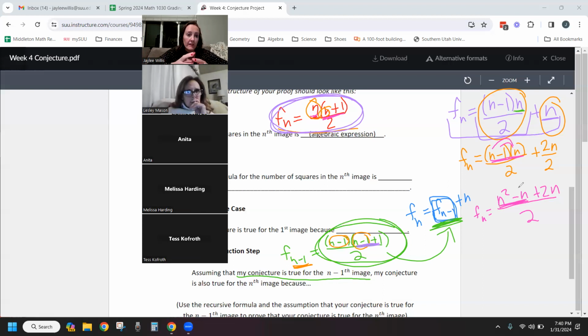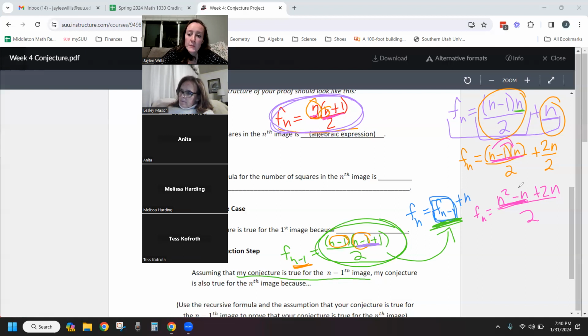So we simplified that, and you would need to justify that, and you could also distribute the n at the same time. You could do all of that for the green part before you substitute it into the blue part, or you can do it after you substitute it, and it doesn't really matter.